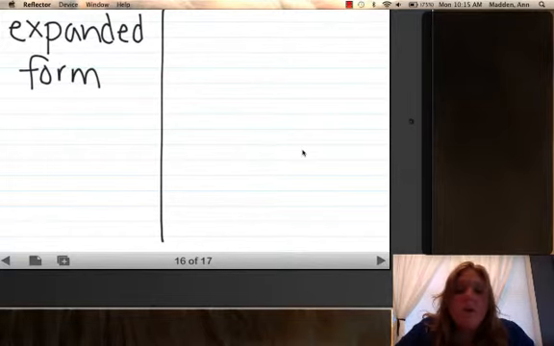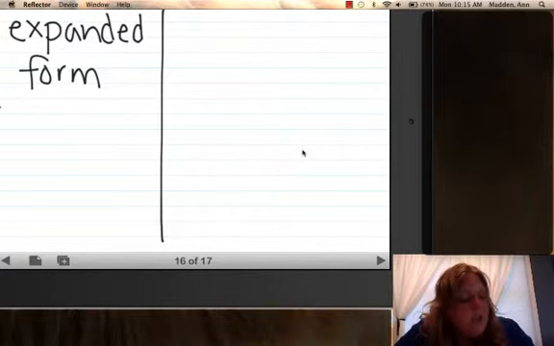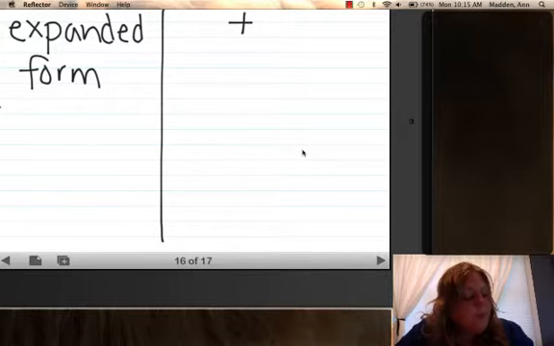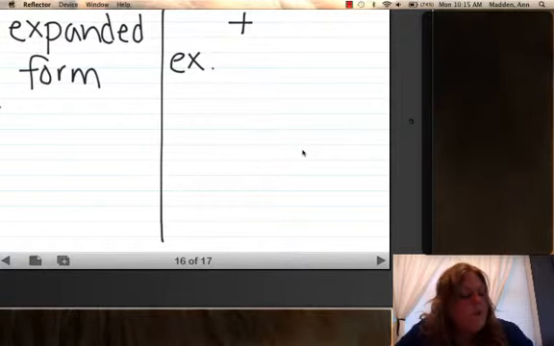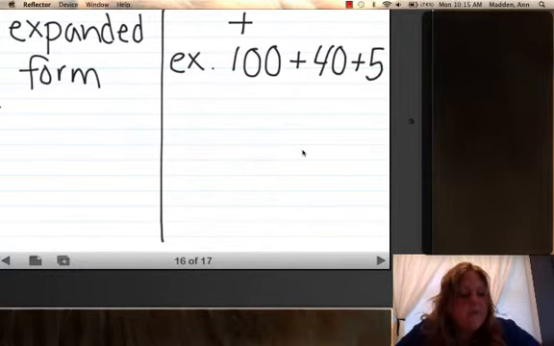It's a little hard for me to write on my iPad and then write on the lines as well, so hopefully yours is nice and neat. Expanded form, remember, has all the plus signs in there to show the place value. We're going to do an example of that so you will remember. An example for 145 would be 100 plus 40 plus 5.